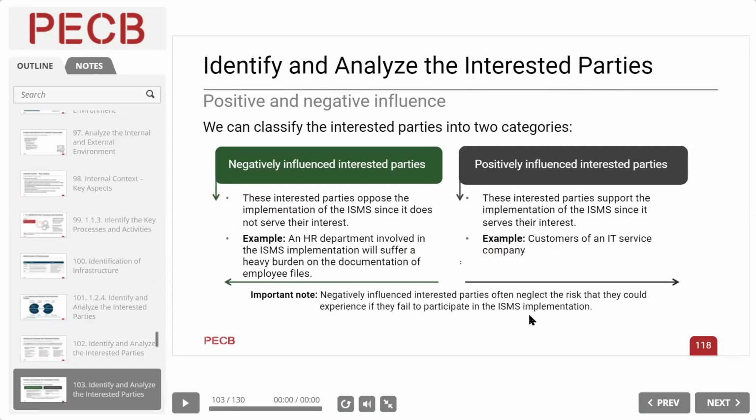Now we will realize that some of the interested parties are positively and negatively influenced by the implementation of ISO 27001. One of the interested parties that is negatively impacted is HR. The impact on HR is huge.